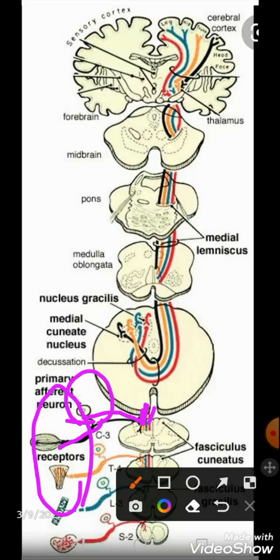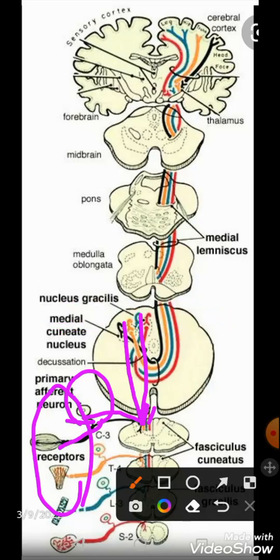Then they ascend upwards towards the medulla oblongata, and reach the two nuclei situated respectively. The medial one is the nucleus gracilis on both sides, and the laterally located is the nucleus cuneatus, on both sides again.